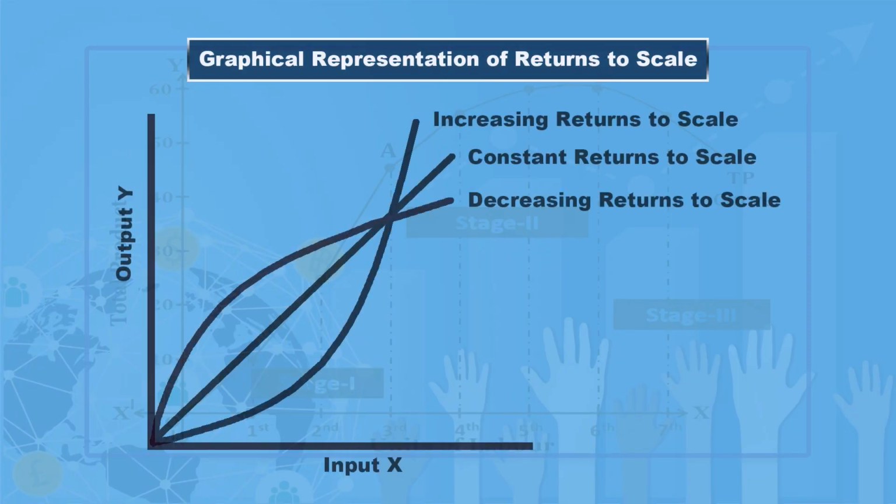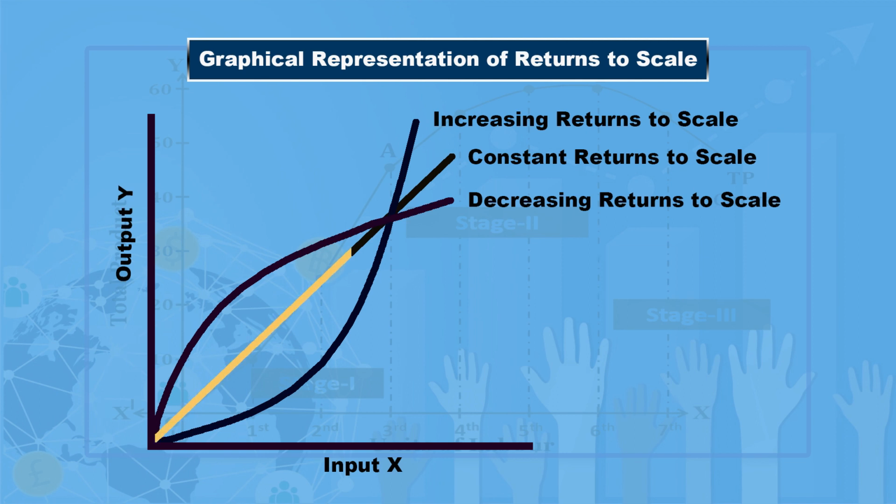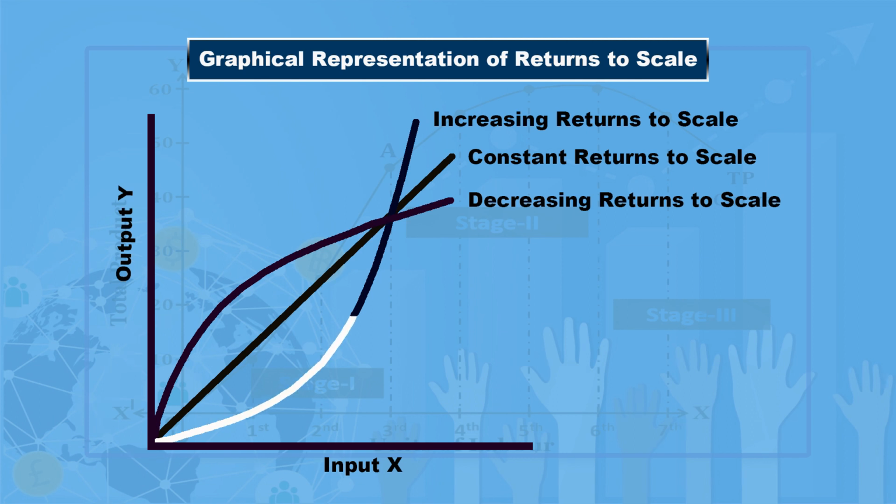So here you can observe that you have increasing, constant and decreasing returns to scale. As we saw, constant returns to scale will exhibit a linear pattern, that is, as your input increases, the output is increasing at a constant rate. If you look at increasing returns to scale comparatively, it is showing that as your input increases, the output is increasing at a higher rate.